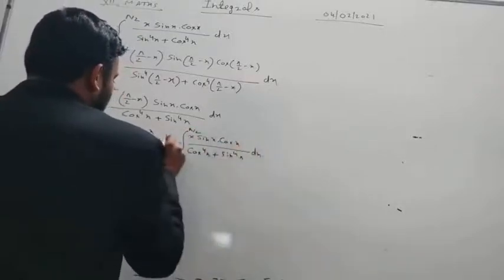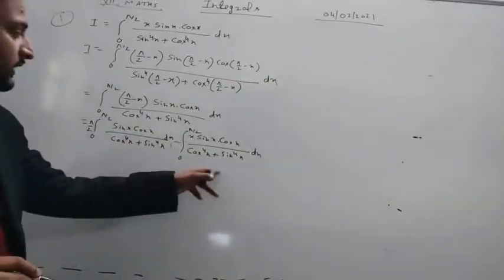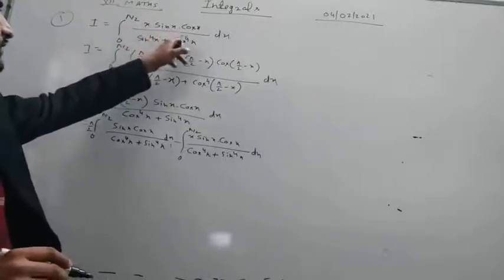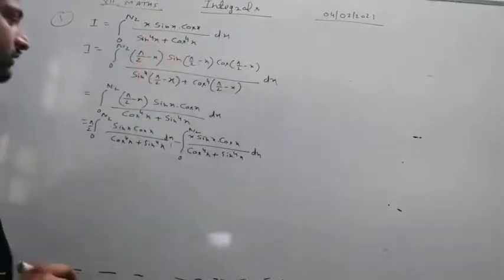dx. Okay, students, we are seeing that this part is our I, the integral from 0 to pi by 2 of x sin x cos x by sin to the power 4x plus cos to the power 4x.